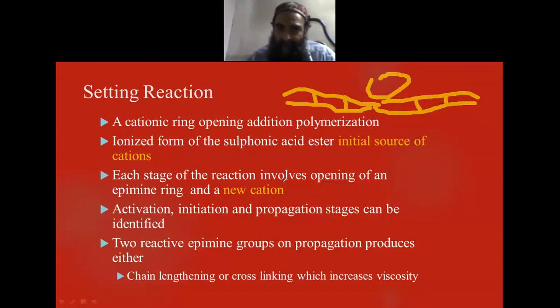Each stage of reaction involves opening of an epimine ring and a new cation. Each reaction opens up a ring like this one.